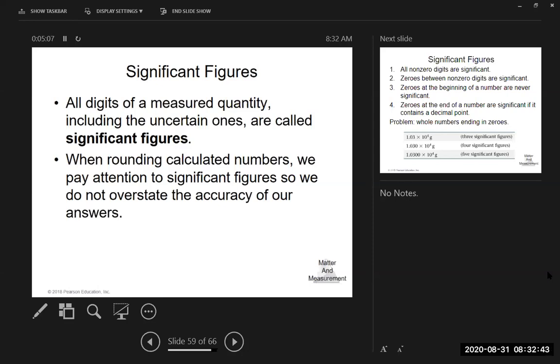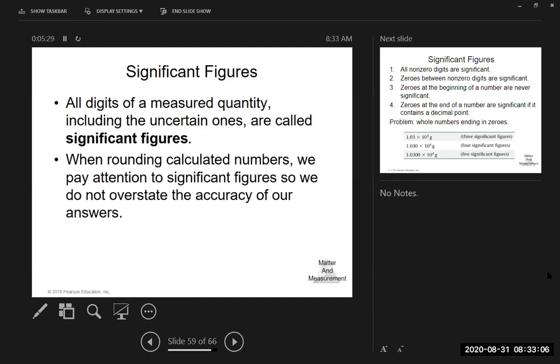If you think about your calculator, you do some addition or multiplication or subtraction, you usually get a lot of digits. Well, from a math perspective, that's correct, but from a value of the data perspective, a lot of those digits really don't have any meaning based on how we did the measurements.